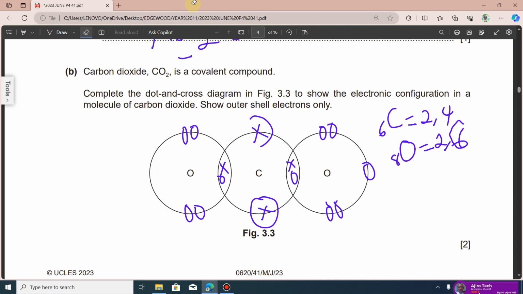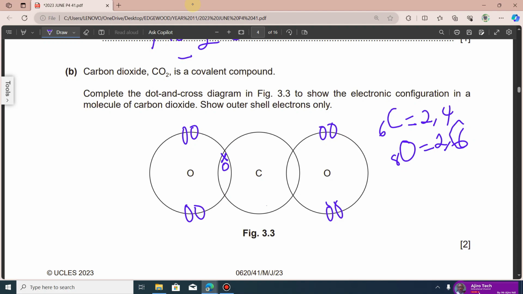All we need to do is erase these points. The 2 bonded electrons are already there for oxygen. The carbon contributes 1 here and the oxygen brings in the other.